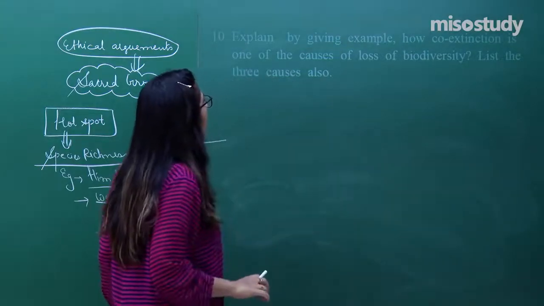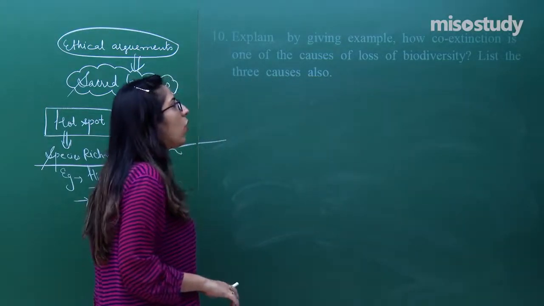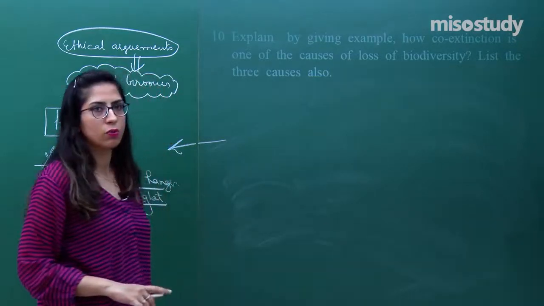Explain by giving an example how co-extinction is one of the causes of loss of biodiversity. List 3 causes also.